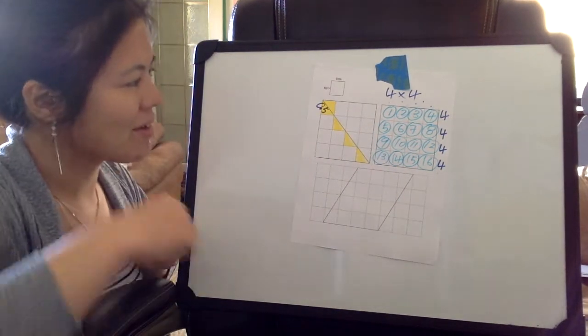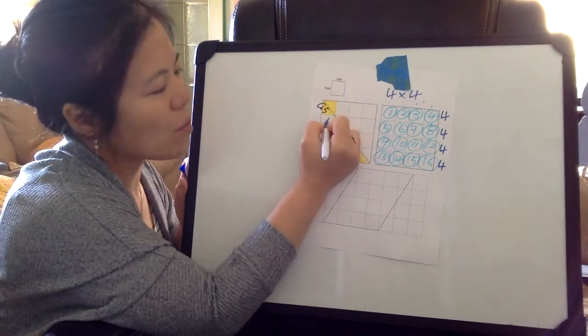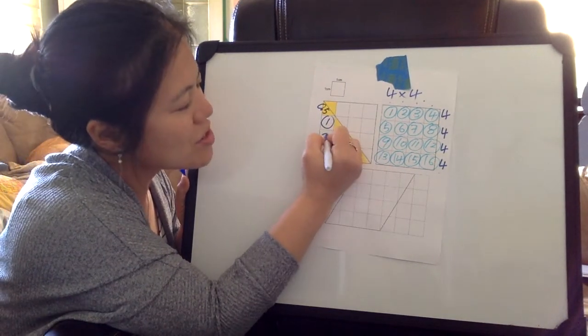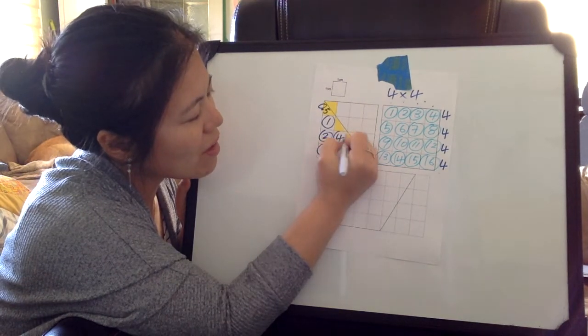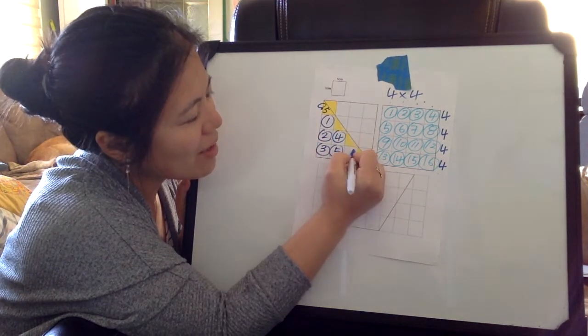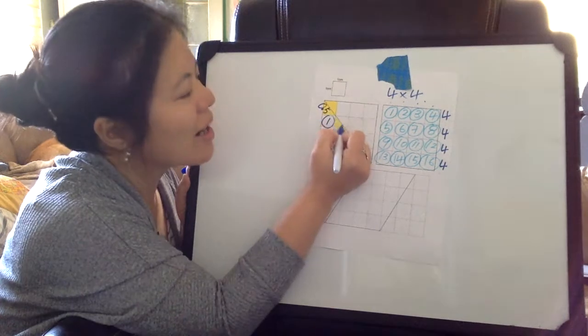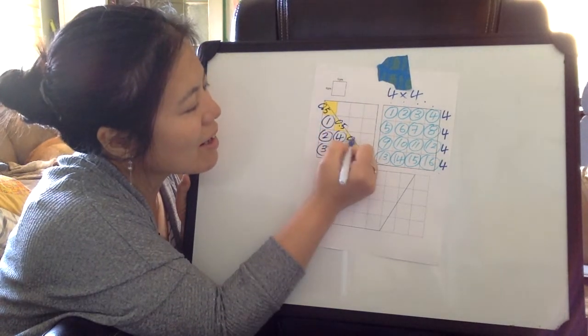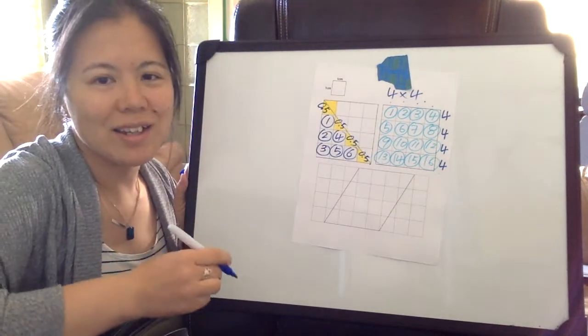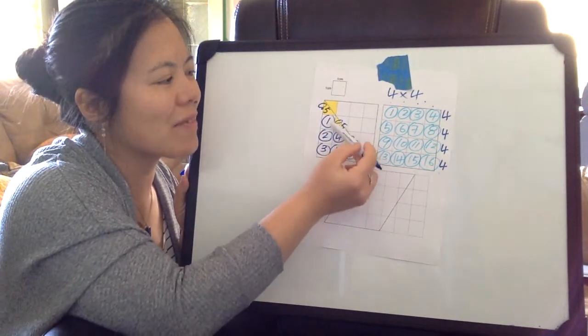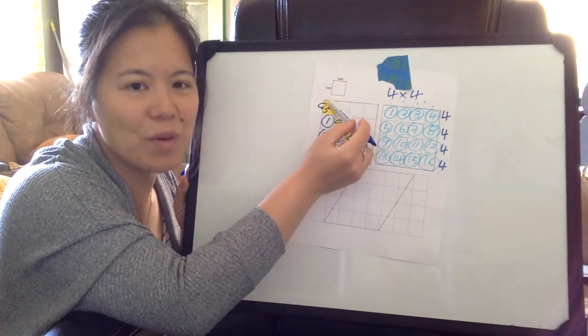So I have 1 full, 1, 2, 3, 4, 5, 6, and I have 4 halves. Now I know that if I move this half to here, I have a full square.